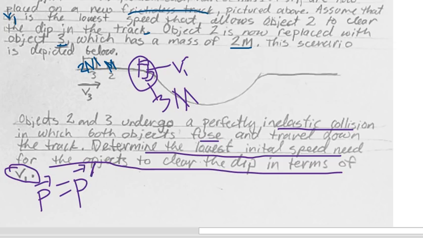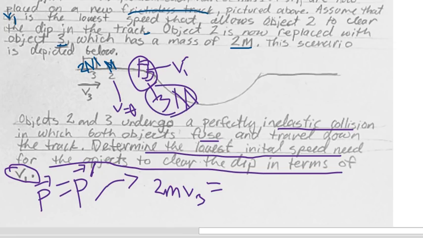And your 2 starts off at rest. So your beginning momentum is going to be 2m times v3, and it's going to equal, since they fuse, a mass of 3m, because we added those two masses. So when they stick together, it's 3m.